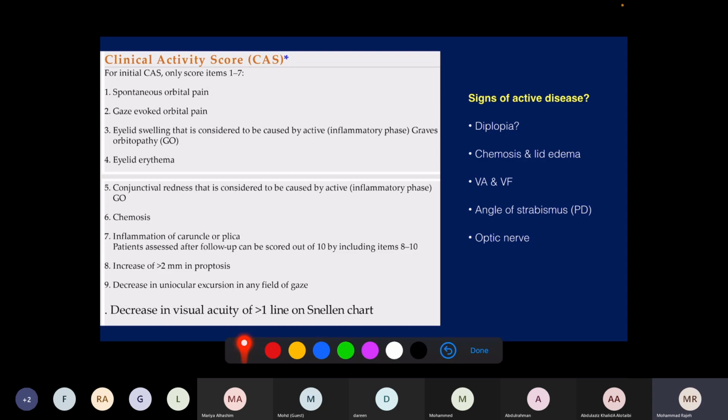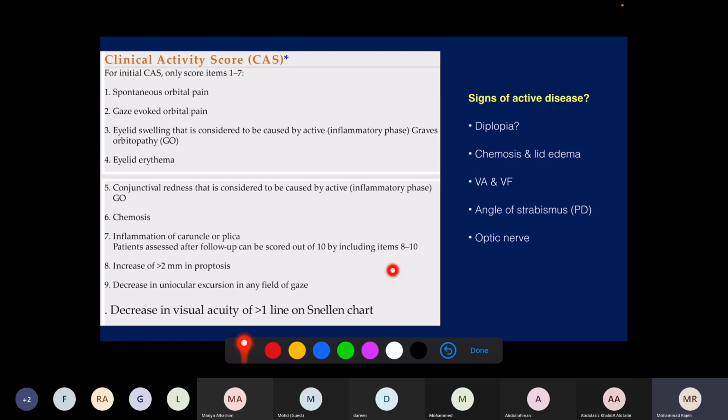You can mention these parameters for active signs, as well as diplopia, specifically acute diplopia or progression or worsening of diplopia, chemosis and lid edema, worsening of VA and visual field, increase of the angle of strabismus, and of course the optic nerve involvement.